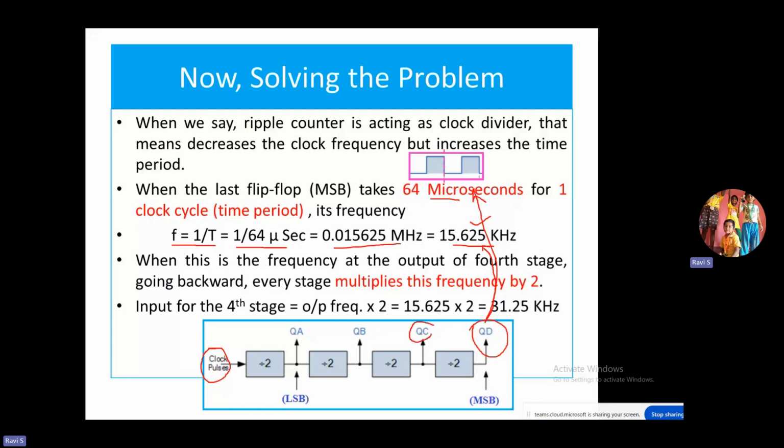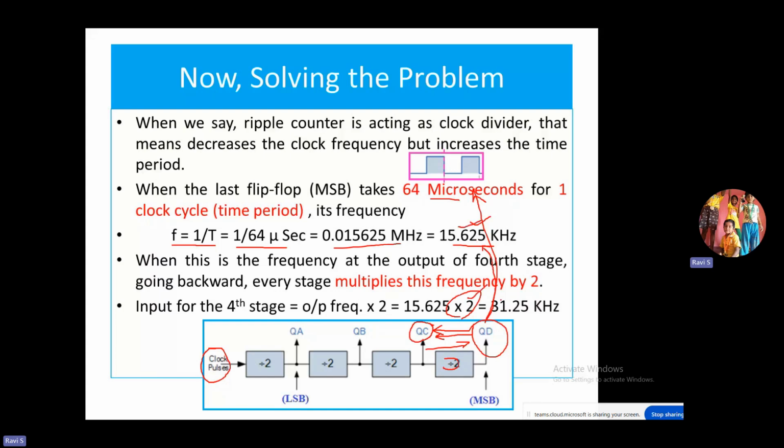Suppose I want to measure the frequency of the signal one stage previous to this. If I move from left to right, the frequency gets divided by 2. If I move from right to left, then it gets multiplied by 2. So here it is 15.625.